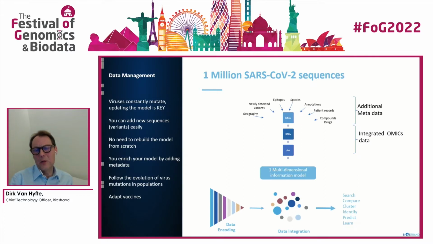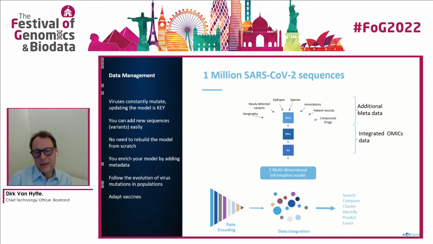So let's look at an example. We start off with 1 million sequences of the coronavirus. And of course, all this data contains information, so metadata about the geography, certain variants, epitopes, even clinical outcome data, and so on.